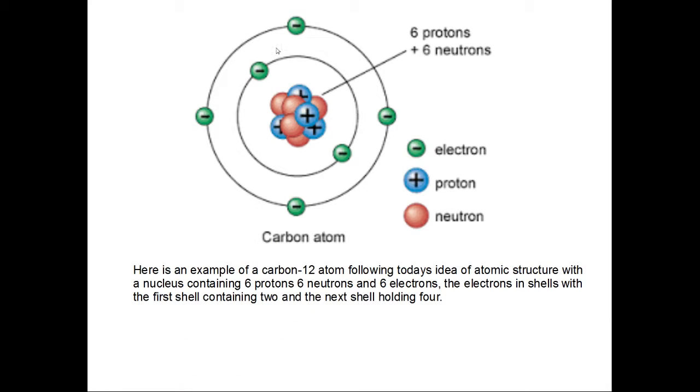So here's today's idea. This is a C12 atom, the most common isotope of carbon: 6 protons, 6 neutrons, 6 electrons.